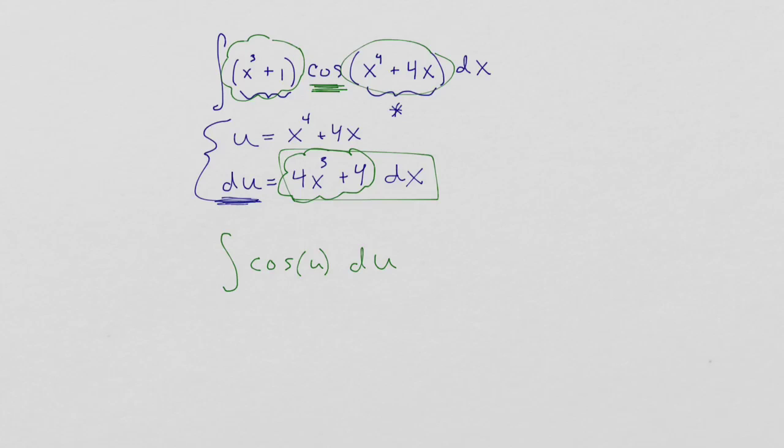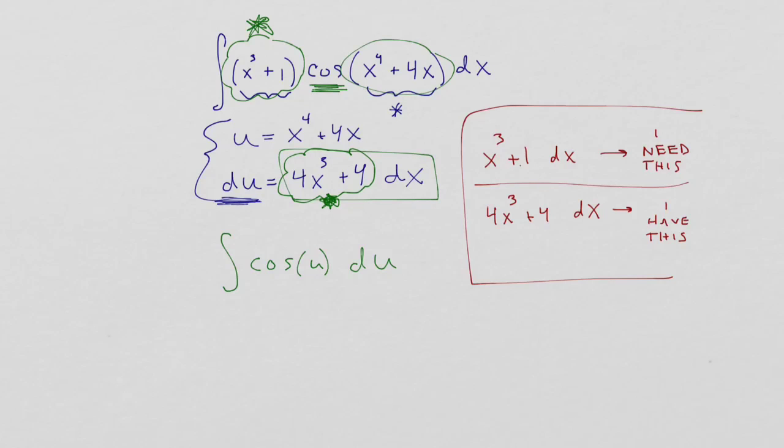So the nature of the conversation is one in which we are comparing the actual leftovers with what our new leftovers are telling us. So to put this another way, x cubed plus 1 dx is what I need.